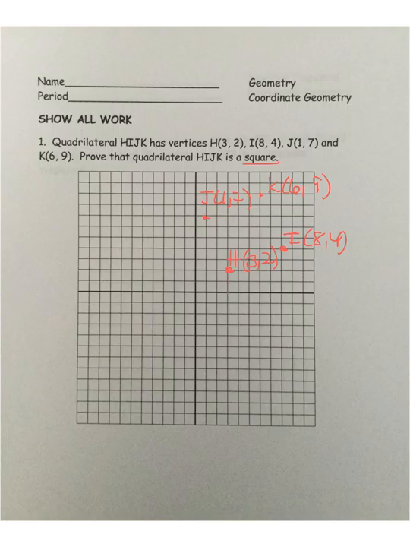Again, you use a straight edge in order to graph or draw your lines. I'm going to use Pythagorean Theorem in order to show all four sides are congruent.